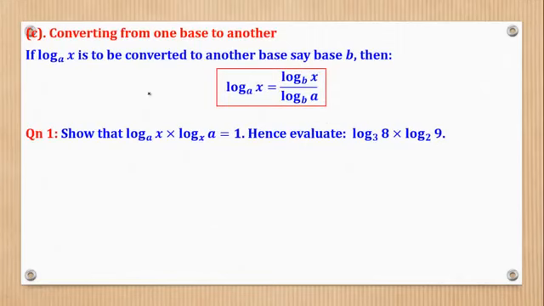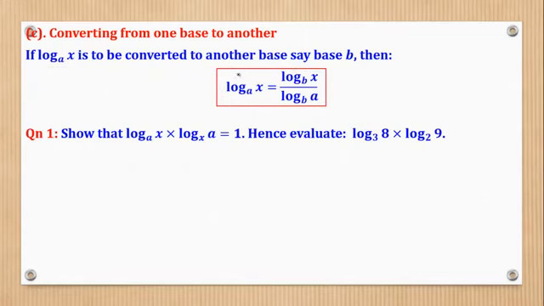Okay, so now we have looked at the rules of logarithms. Now we need to understand something also, how to convert from one base to another. So if logarithm of x base a is to be converted into another base, say b, we shall use this.